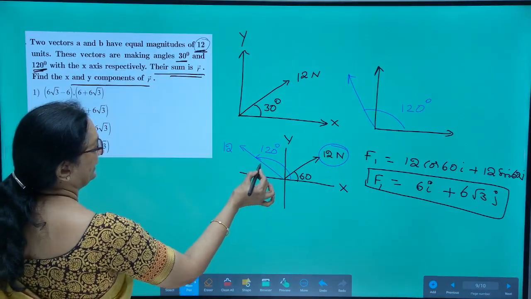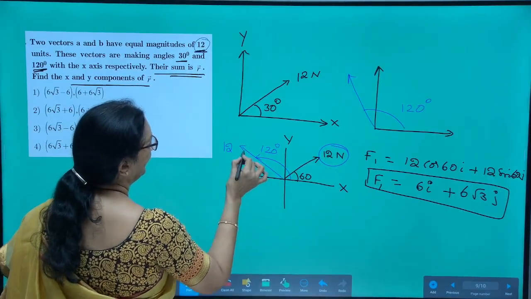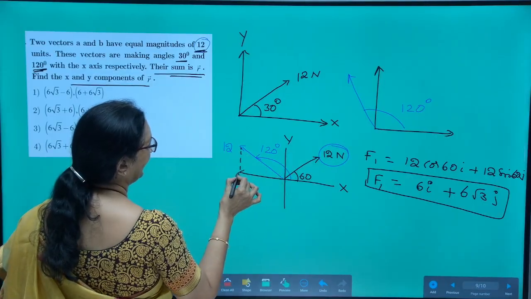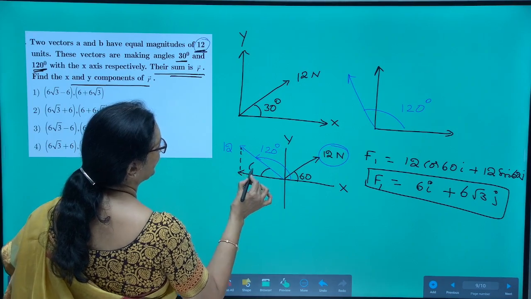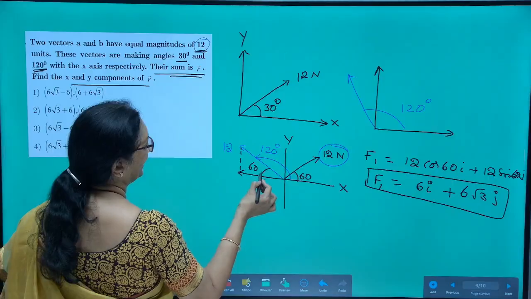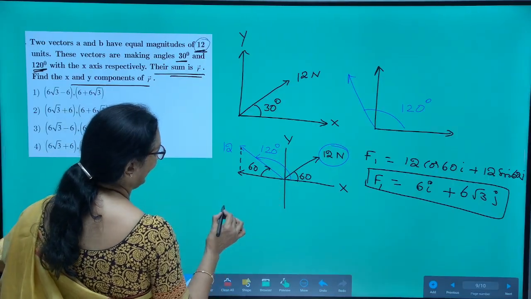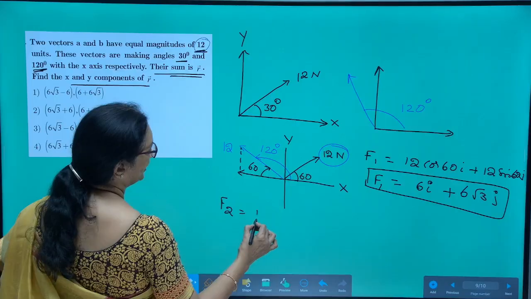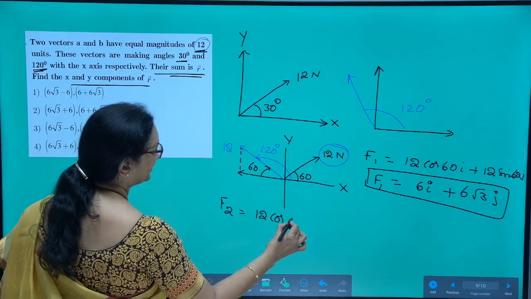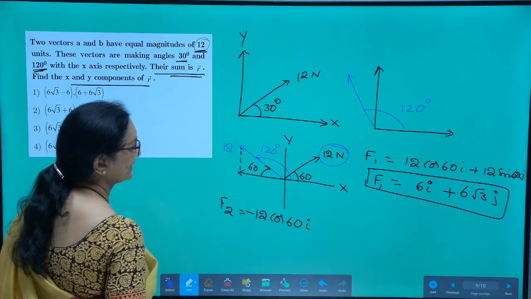Now, F2 bar. Let us write this. See here, if you find out this component, this angle will be equal to 60 degrees. If this angle is 120, this angle will be 60. So its F2, its x component is 12 cos 60, but along negative x-axis, minus I bar.